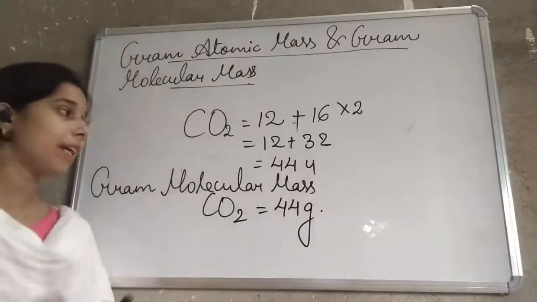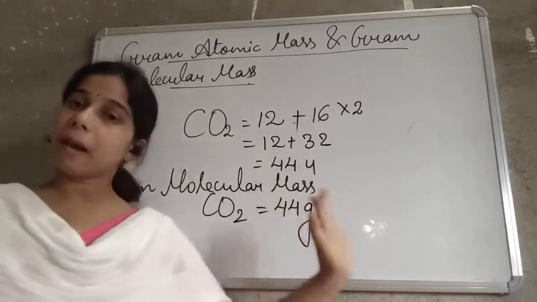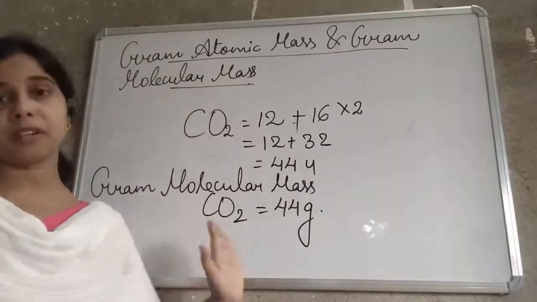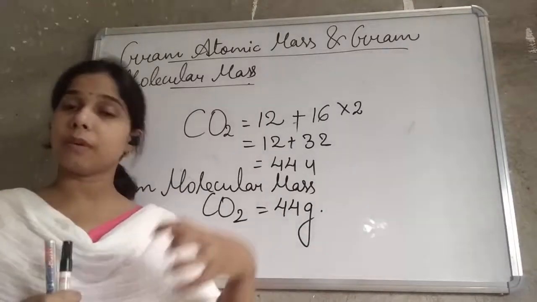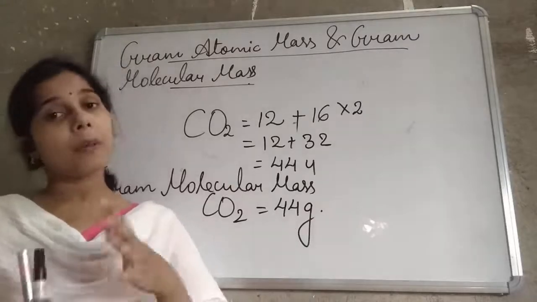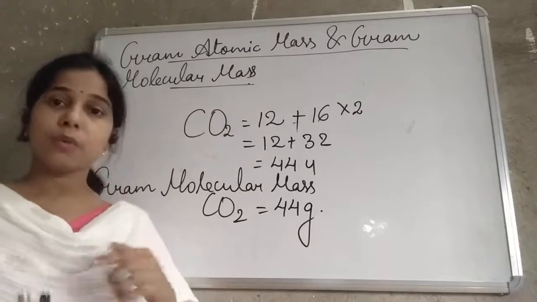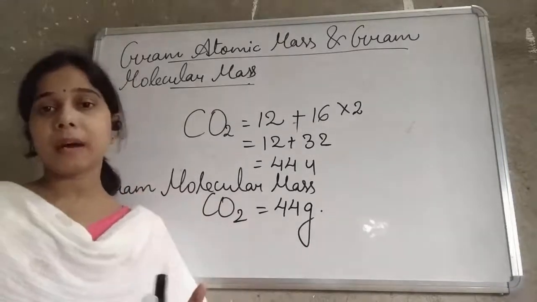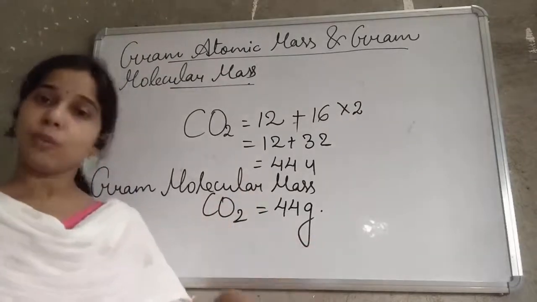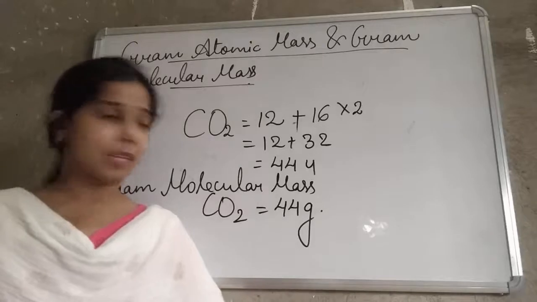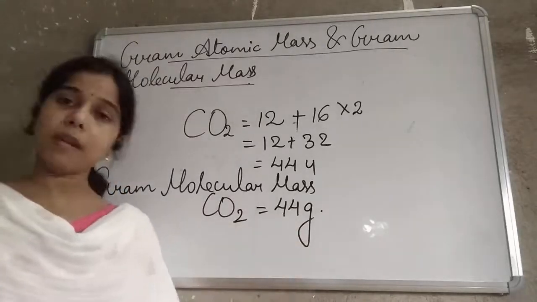Okay, students, in place of U, we replace U by g, and by that we can say this is the gram molecular mass. So in both cases, whether we find the gram atomic mass or gram molecular mass, the atomic mass unit U is simply replaced by g, and we use the term gram molecular mass or gram atomic mass.